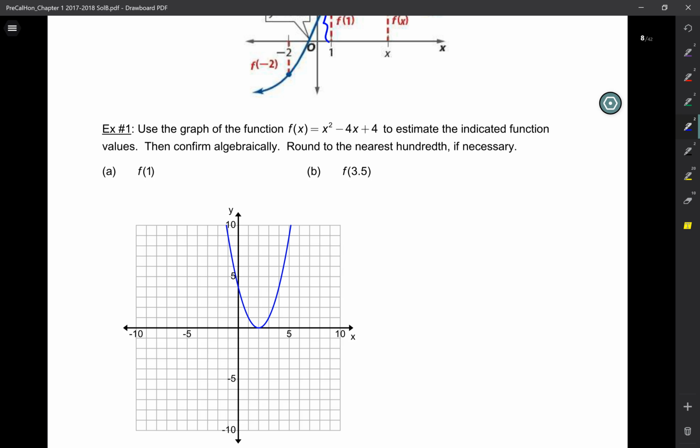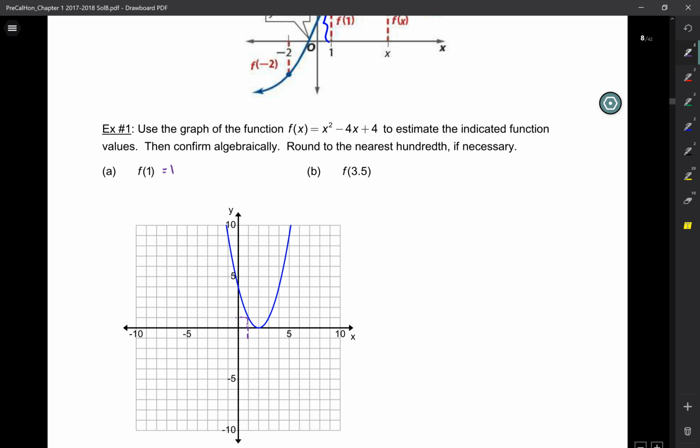So take a look at this example. It says use the graph to estimate the indicated function values. Then we're going to confirm algebraically. So I've already graphed it for you, and we're just going to do this using the graph. So it wants f of 1. So we go to 1. And the y value there is how much? 1.